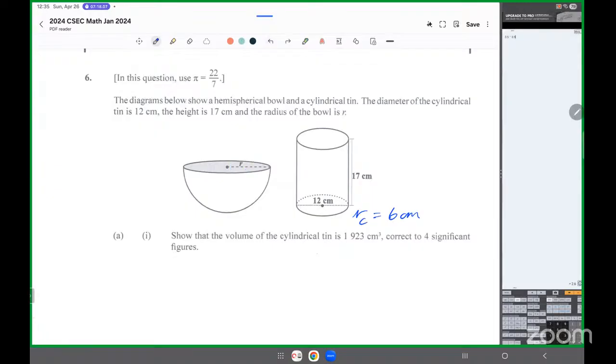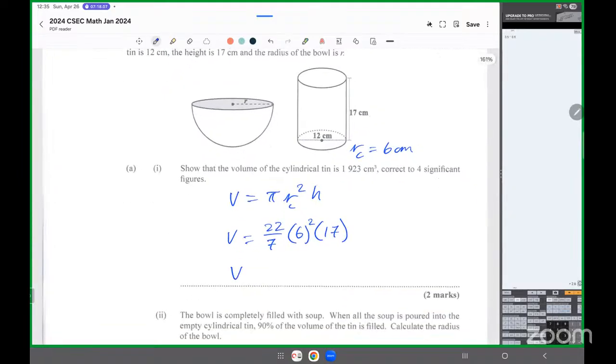It says, show that the volume of the cylindrical tin is this, correct to 4 significant figures. Now remember, the volume of a cylinder is pi r squared h, area of the base times the height. That formula is on the formula sheet, but you should know it. So the volume becomes pi, which is 22/7, times the radius, which is 6 squared, times the height, which is 17.